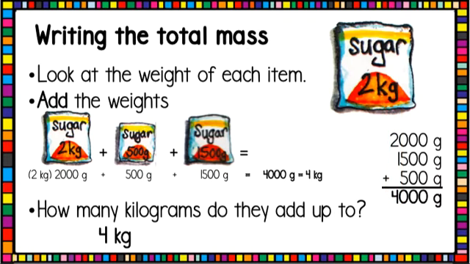So in total, we get 4000 grams. Remember, 1 kilogram equals 1000 grams. So here we have 4000 grams, so the total amount of mass is 4 kilograms.